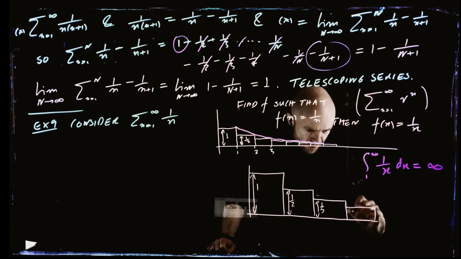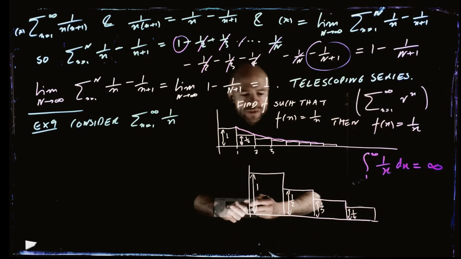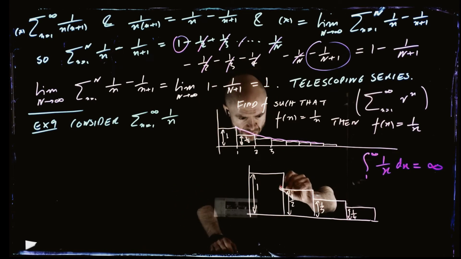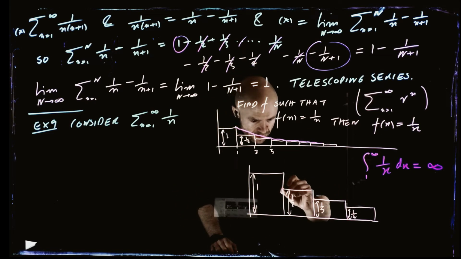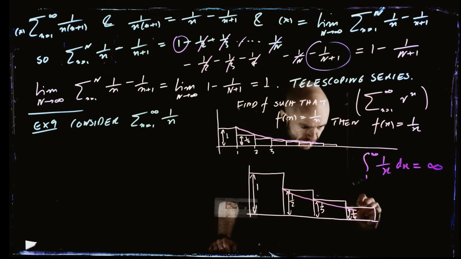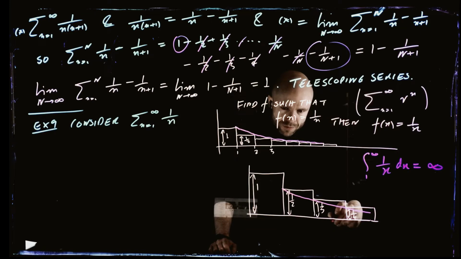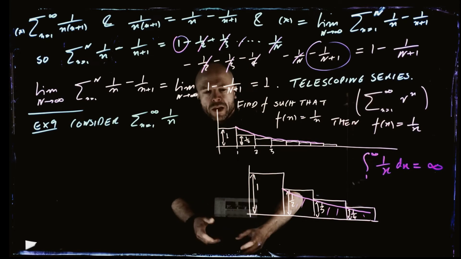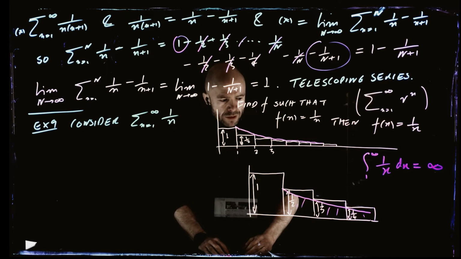I'm not drawing this very accurately. What we'd like is to find something that goes underneath these guys. And if we knew that the area underneath the graph of the guy that goes underneath the blocks is infinite, then we would know the thing diverges.